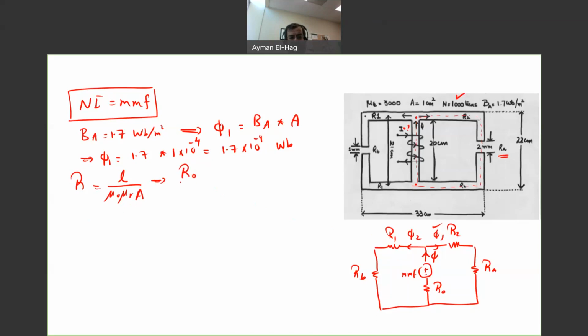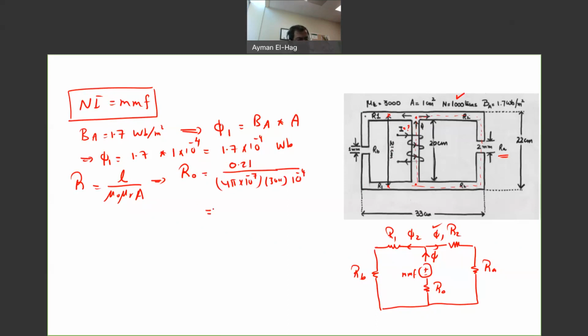We start with reluctance 0, which is in the middle. Here in the middle, the length is given to us specifically, so I don't need any calculations to find L. This gives 0.21 divided by mu 0, which is the constant 4 pi times 10 to the minus 7, mu R, which is given as 3000, and finally the cross-sectional area A, which is uniform for the whole magnetic circuit and equal to 10 to the minus 4, 1 centimeter square.